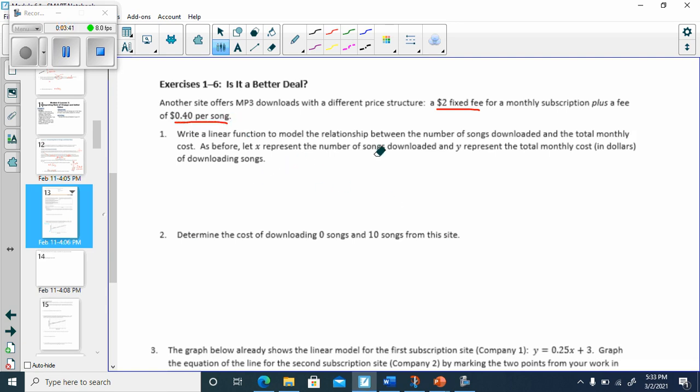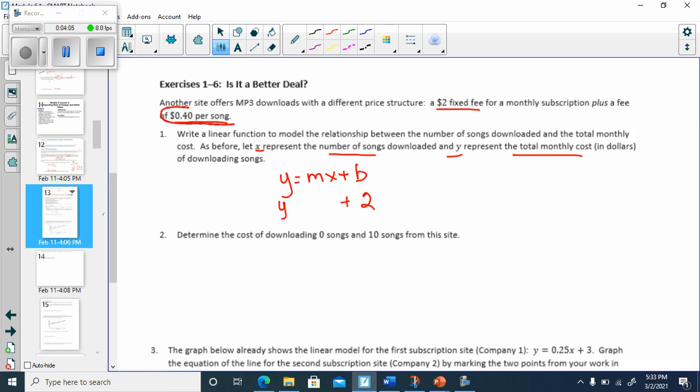Write a linear equation to model this where x is your number of songs and y is your total monthly cost. Okay, so y would be equal to, we start with mx plus b when it's a linear equation. And our fixed rate, our b, is where we start. We start with $2. And then we're paying 40 cents per song.